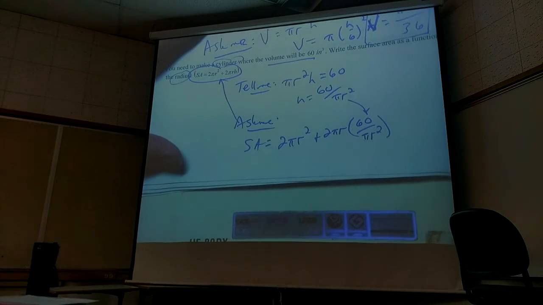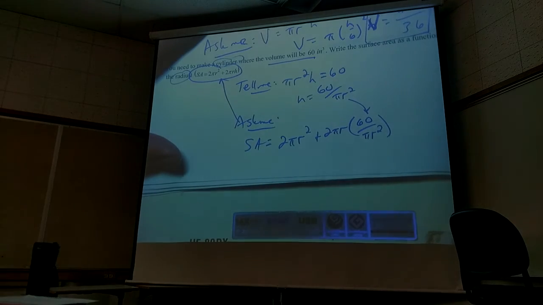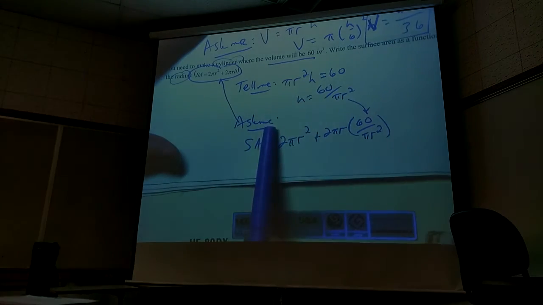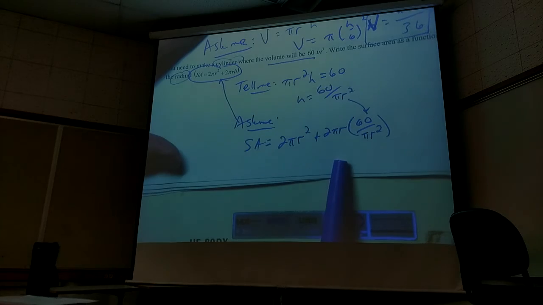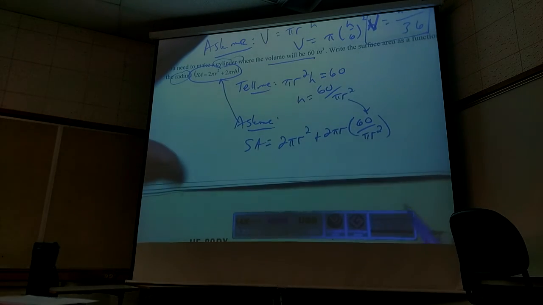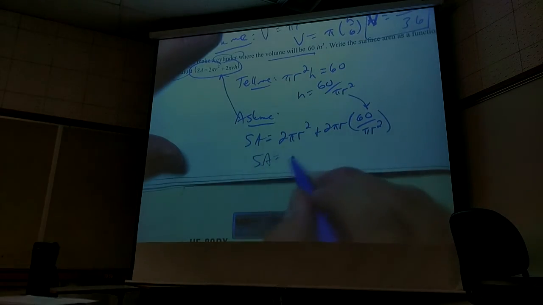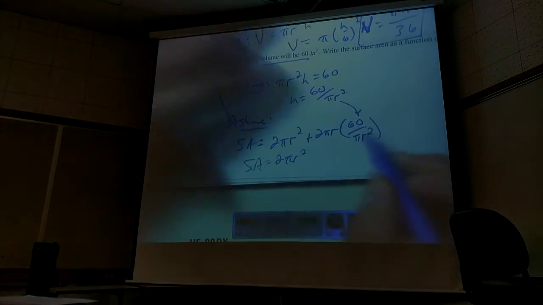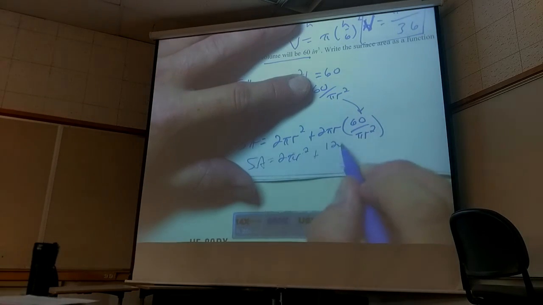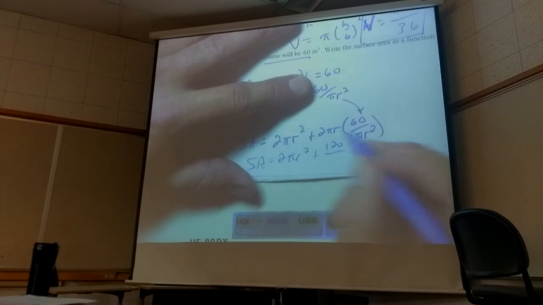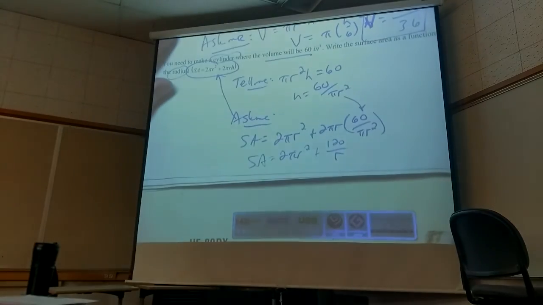So you guys realize this is really just systems of equations. I have a tell me equation, I have an ask me equation, I'm using substitution to help rewrite one. So now I get surface area as 2 pi r squared, plus 120. A pi dies, one of the r's dies, so you have one r left on the bottom.